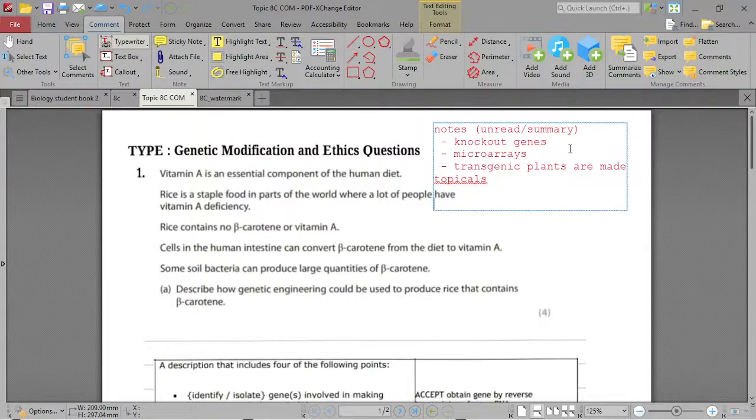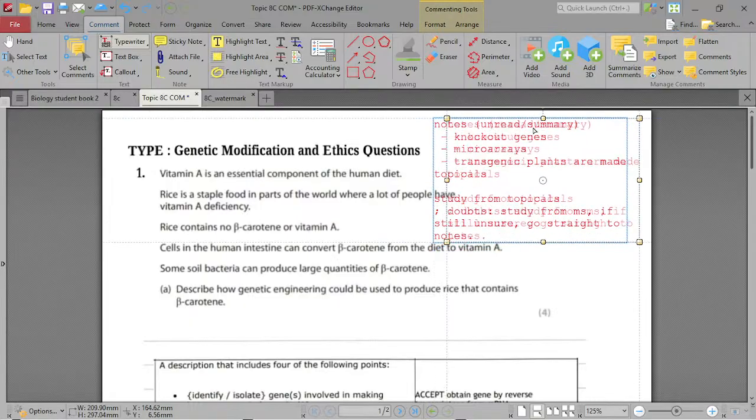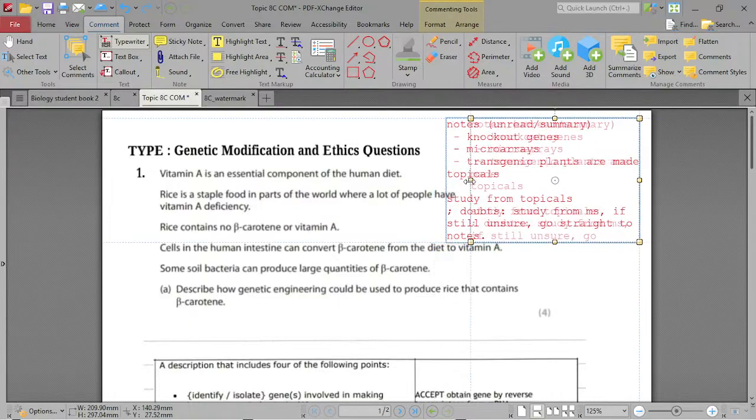So just to put it again, study from topicals, doubts, go straight to notes. Okay, doubts for doubts, study from MS. If still unsure, go straight to notes. Okay, I think that's fine. Because I mean, the MS should be enough because I've already studied this topic.